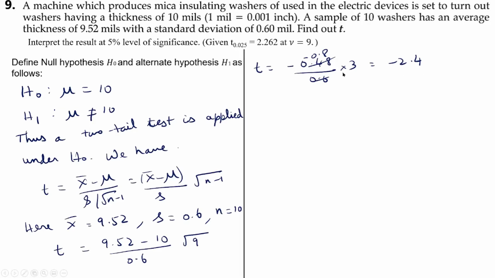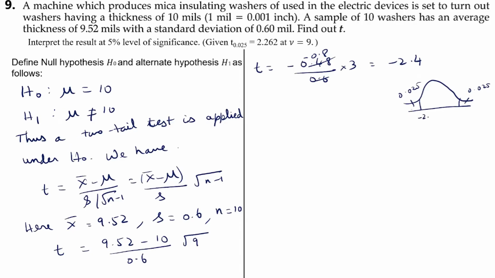So T does not lie in the interval minus 2.262 to plus 2.262. If we take the graph, here alpha by 2 means 0.025 and here alpha by 2 means 0.025.